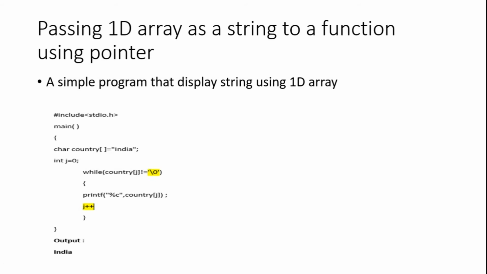Here we have a character array country, which I have initialized with five characters, which is nothing but India. Then with a while loop, until the character becomes null (0), that means until the end of the string, I am displaying all the characters and incrementing the integer j, j++. So it is printing India. This is fine.